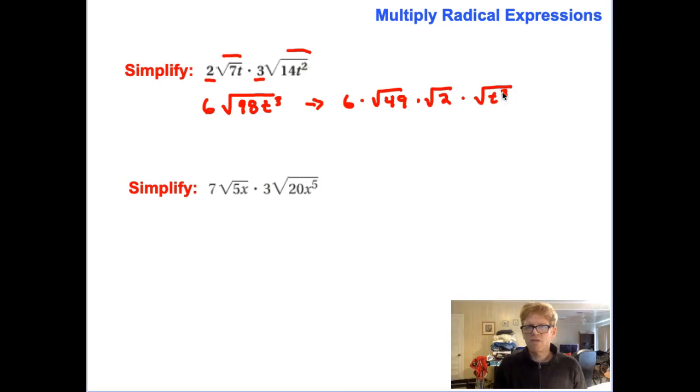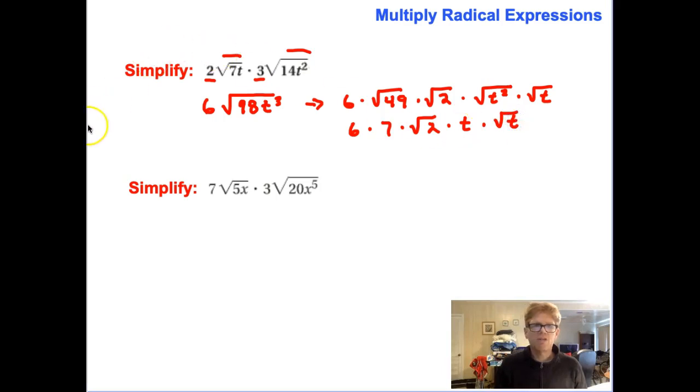Because we want to make sure that we have this to an even power because we can take the root of that, and then times the square root of t. So we wind up with 6 times the square root of 49 is 7, times the square root of 2, times the square root of t squared, which is just t, times the square root of t.